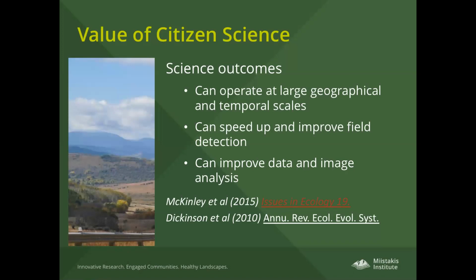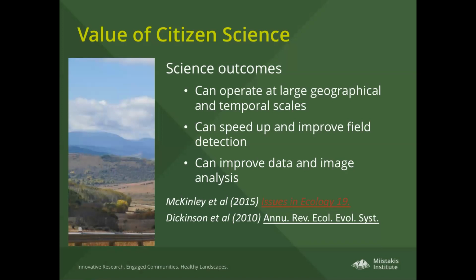One of them is that citizen science can address large scale data needs. We find that citizen science can operate at greater geographical scales and over longer periods of time than some conventional science can.